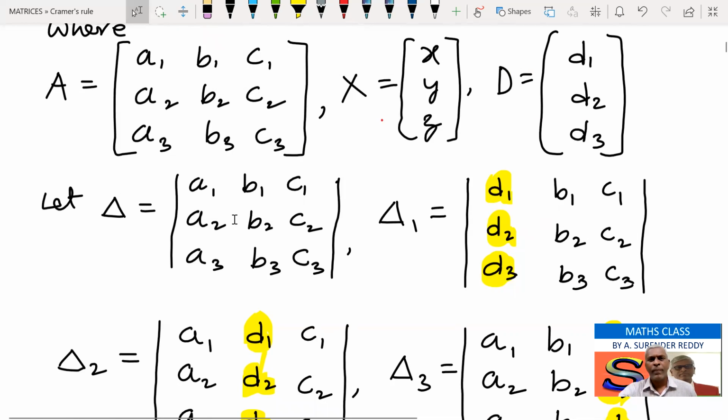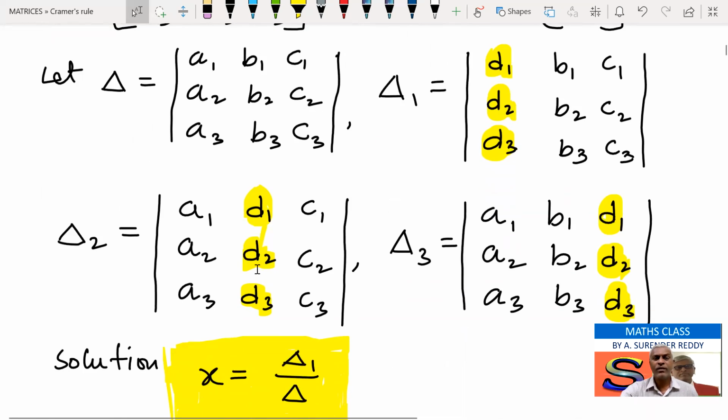Here in coefficient matrix, if you replace the first column A1, A2, A3 with D1, D2, D3, and the determinant obtained by this matrix, which is the first column replaced by the constant matrix D1, D2, D3, so that is delta 1.